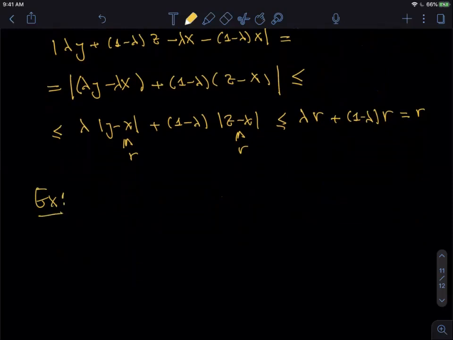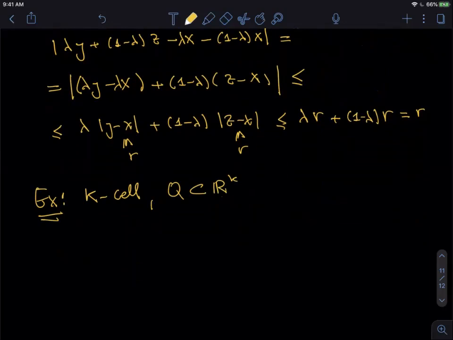Okay, and let's do one last example. What is called the k-cell. K-cells are sets in R^k. Let's call them Q just to make things simpler.